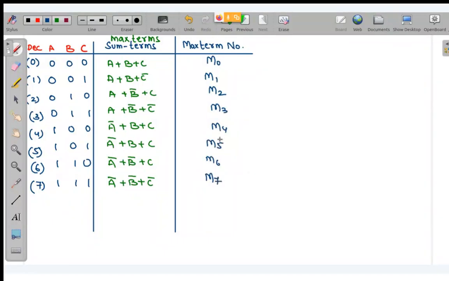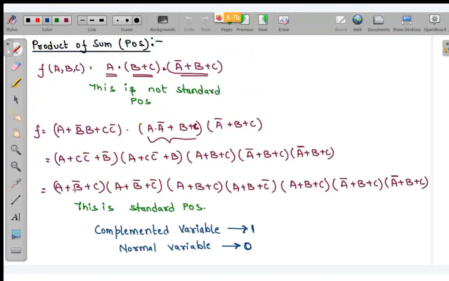Okay, so these are your corresponding max term numbers. Now if I want to represent this expression, here remember, don't make this mistake: non-complemented corresponds to 0 and complement corresponds to 1.